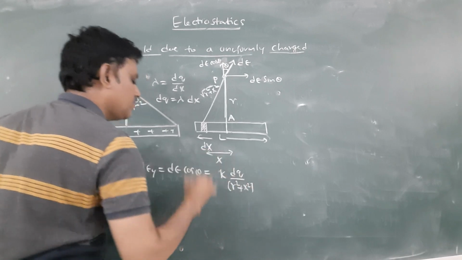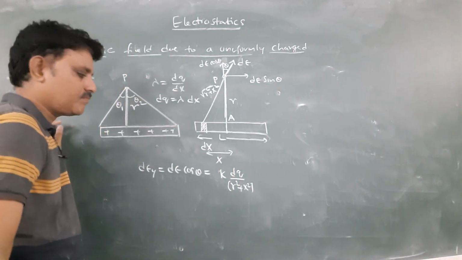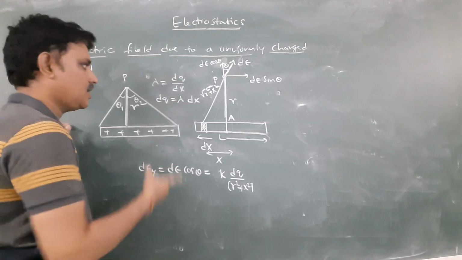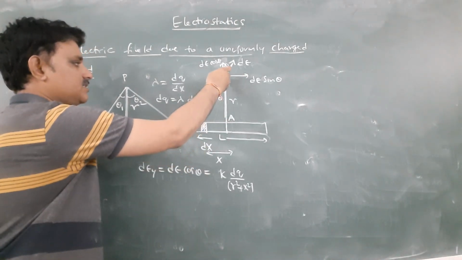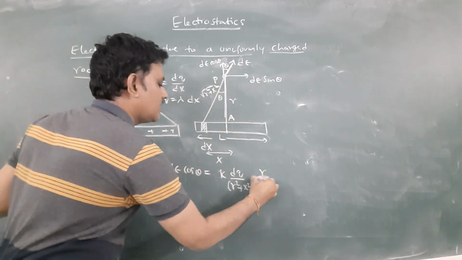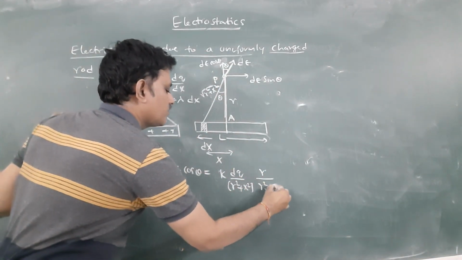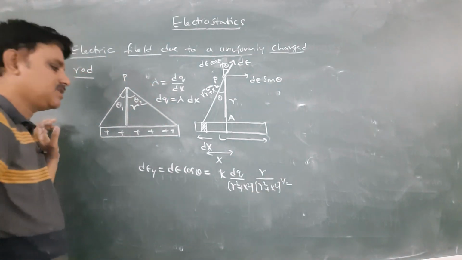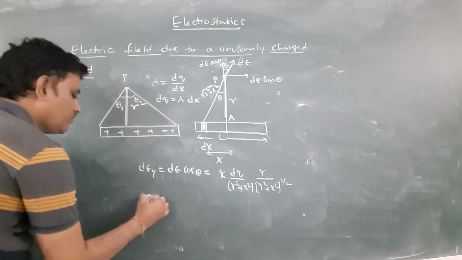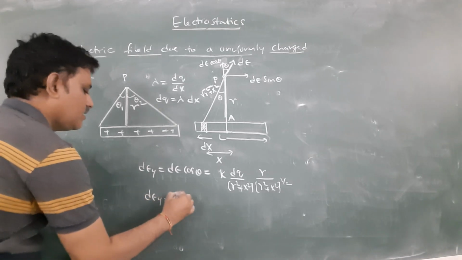And cos theta. This is angle theta. Cos theta is equal to adjacent side by hypotenuse. So r by r square plus x square whole power 1 by 2, that is cos theta.